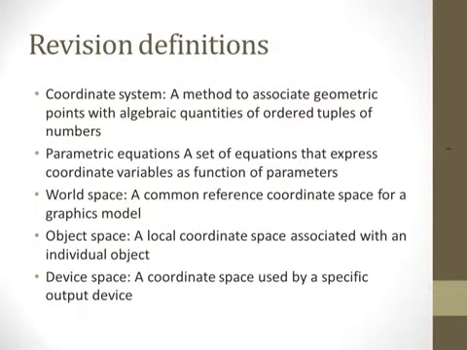World space is a common reference coordinate space for graphic models. Object space is a local coordinate space associated with a given or an individual object. And lastly, device space is a coordinate space used by a specific output device.